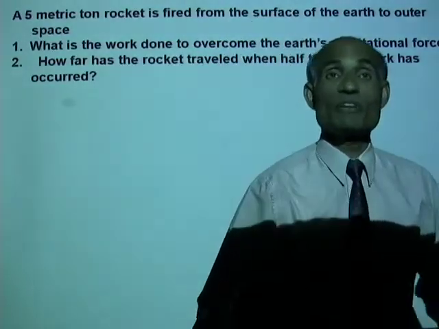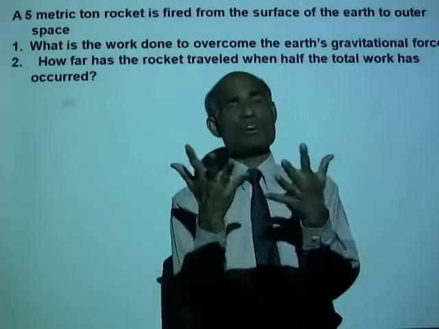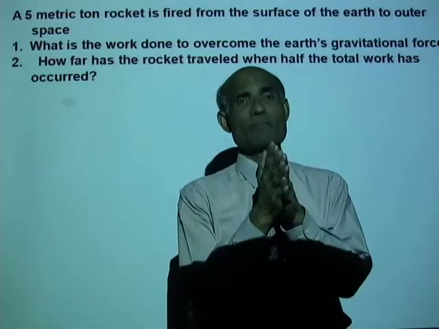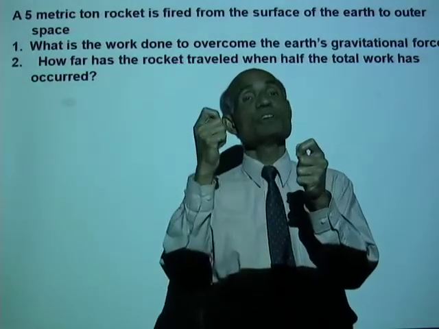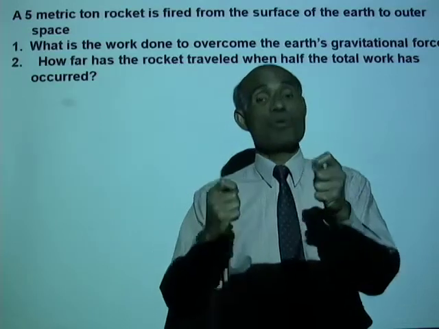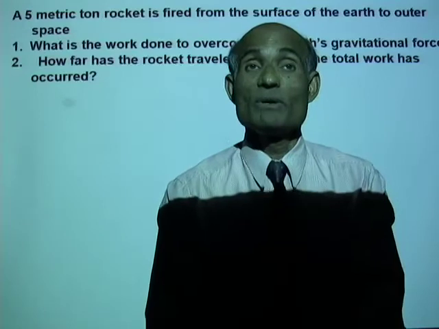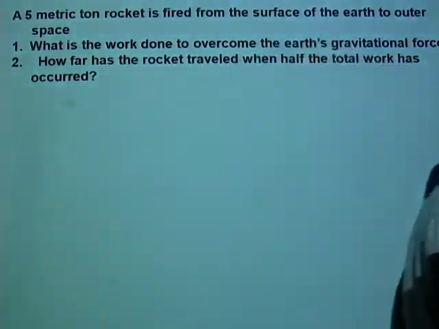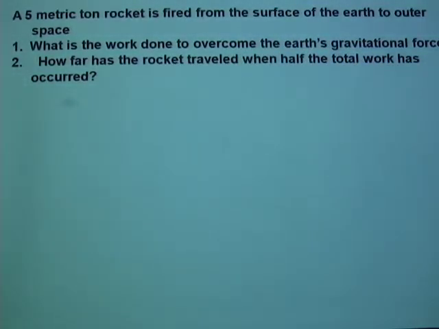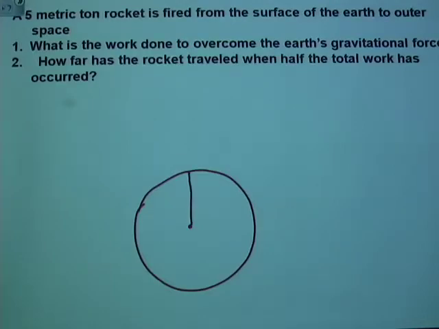And we said the force changes according to what equation? F equal to k over r squared, where r is the distance of the rocket from the center of the Earth. So, if you have the Earth in here, that's the center of the Earth. This distance is what we call the radius of the Earth.